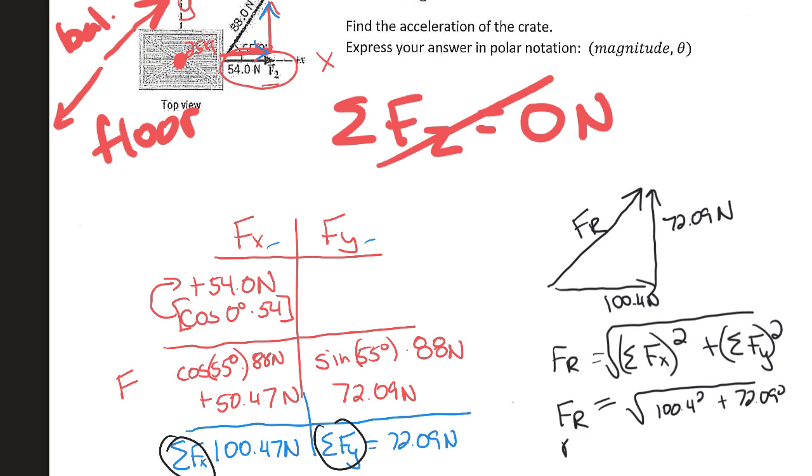How big is that force? There's many ways to do that on your calculator. But your resultant force is 123.6 newtons. You may get a different answer if you had been using gravity. But in this case, gravity wasn't a factor, so we should all agree on this.